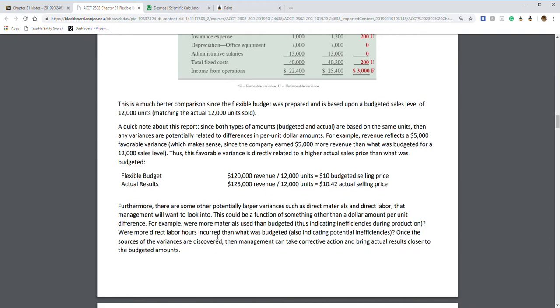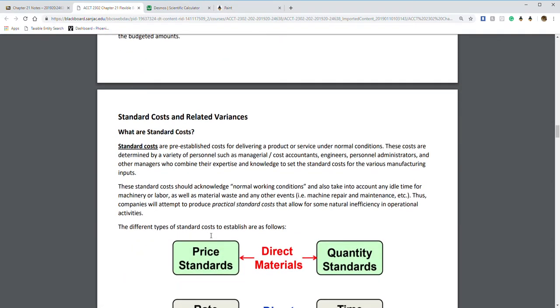Is there something going on here? Are there inefficiencies? Is somebody getting overtime? This lets our managers look at this and see if corrective action is needed. That's something we're going to be looking at a lot when we look at these budgets.